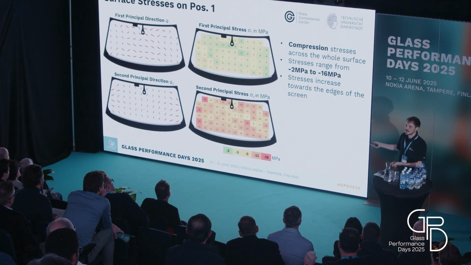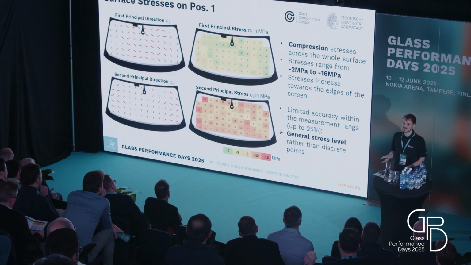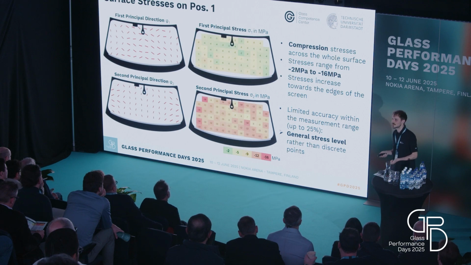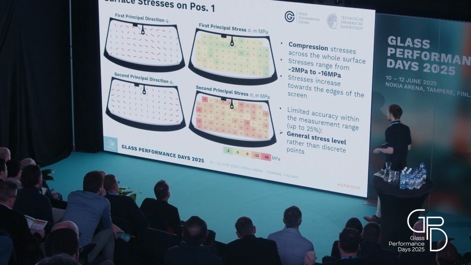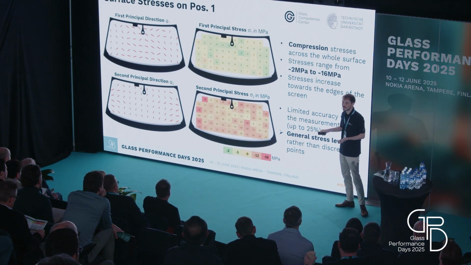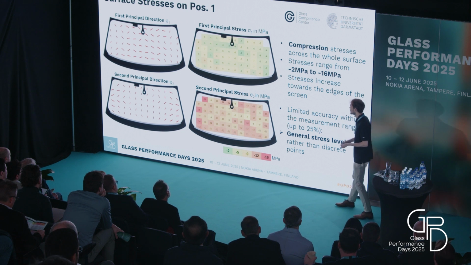But looking at these results, we have to acknowledge that the SCALP can be pretty inaccurate. Especially in regions where our stresses are under 4 megapascals, we can get inaccuracies up to 25%, which is pretty much.